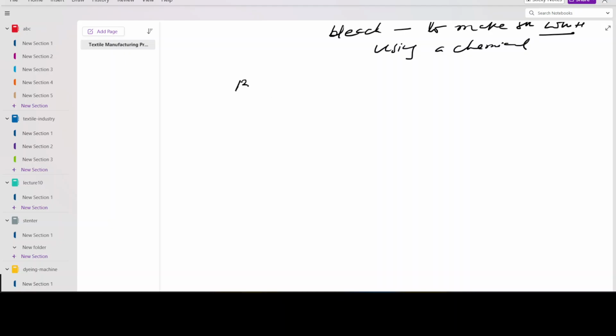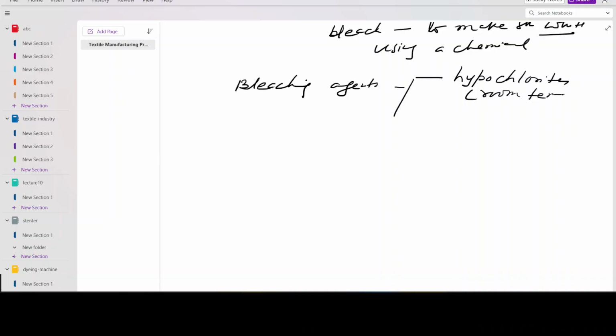And what are the bleaching agents that will be used? You have to remember the names of these bleaching agents. One is hypochlorite, which we use at room temperature. And the other bleaching agent is hydrogen peroxide.